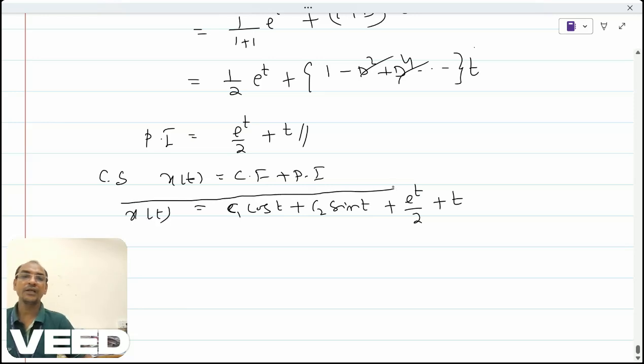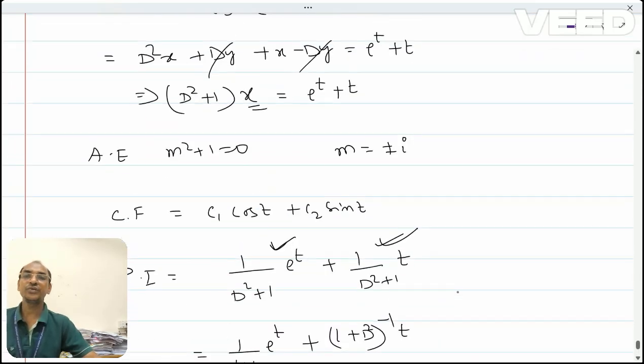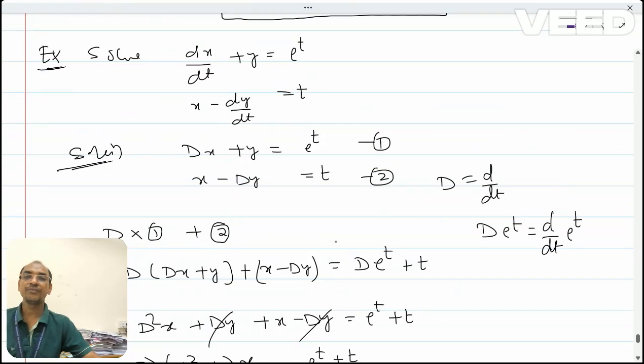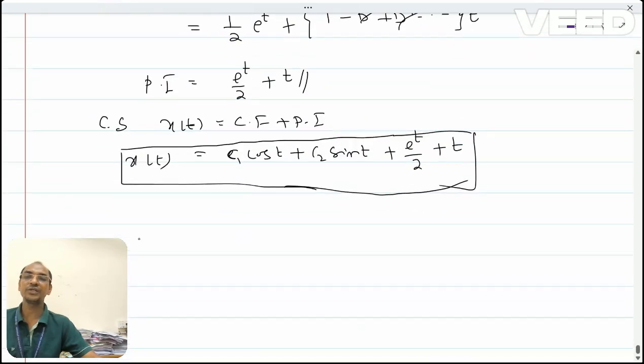After getting the value of x, we can find the value of y by substituting this in any one of them. Suppose I will substitute in my first equation.